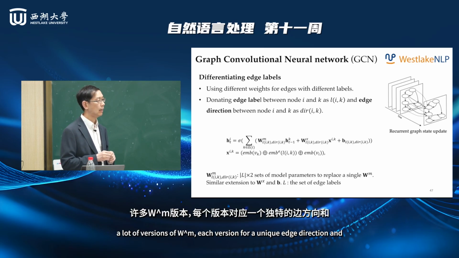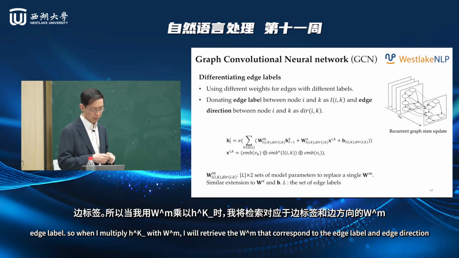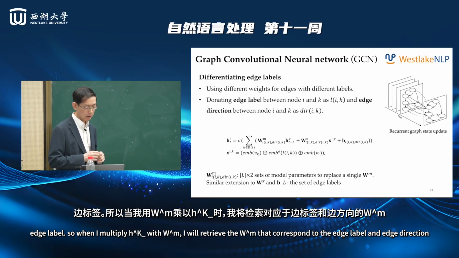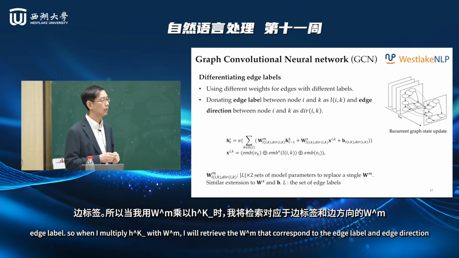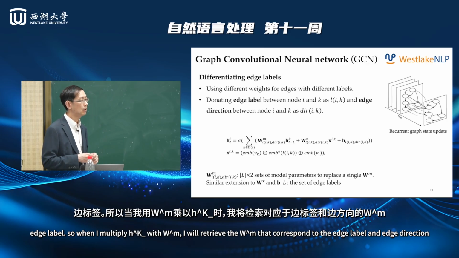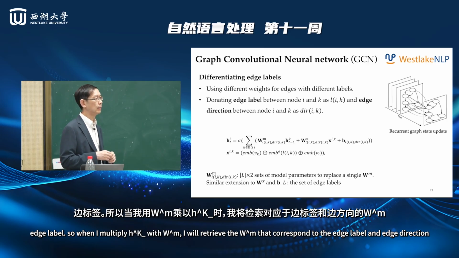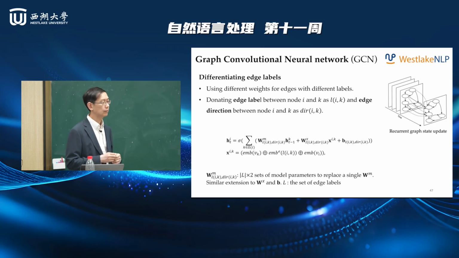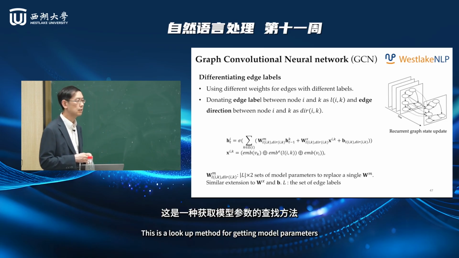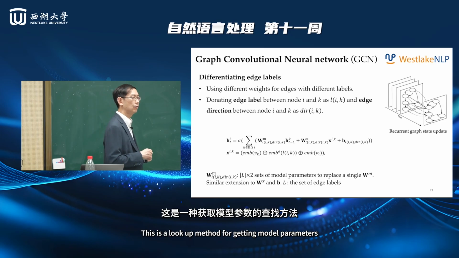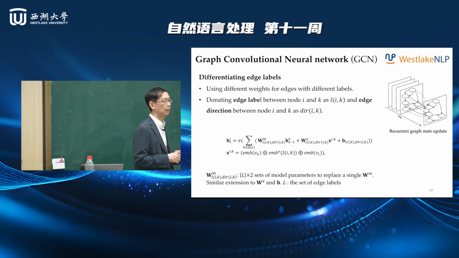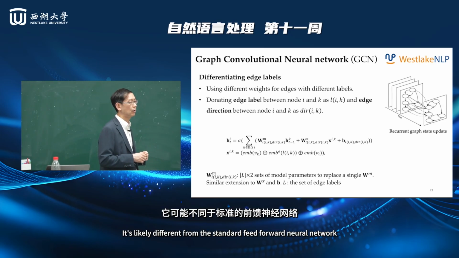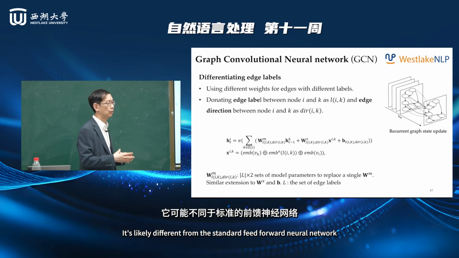So basically I can have a lot of versions of Wm, each version for a unique edge direction and edge label. Okay, so when I multiply h_k^{t-1} with Wm, I will retrieve the Wm that corresponds to the edge label and edge direction. This is a lookup method for getting model parameters, right? It's slightly different from the standard feed-forward neural network.